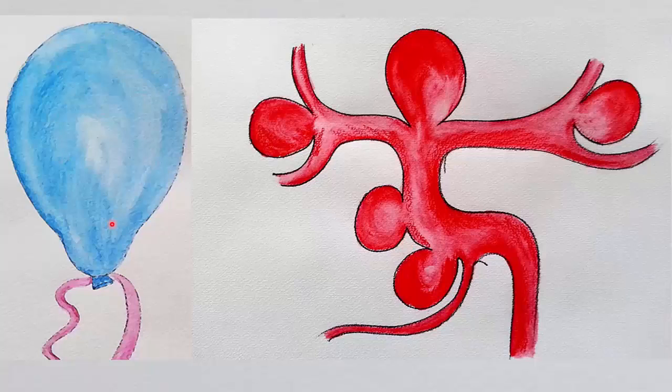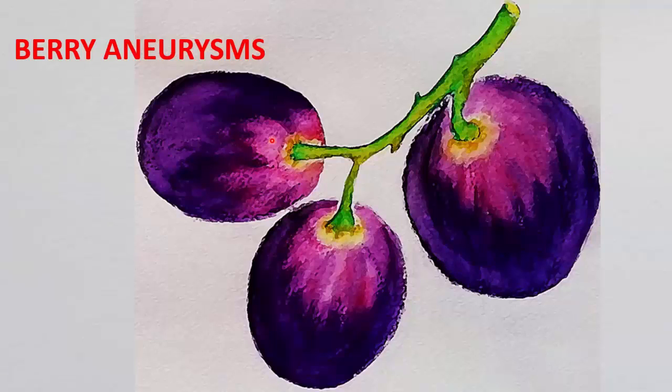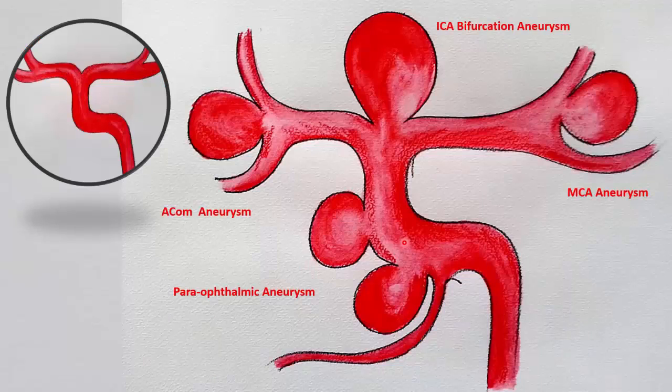Aneurysms are balloon-like dilatation of the artery. These aneurysms are also known as berry aneurysm because they resemble the berry fruit like raspberry or strawberry. In this diagram, one can see the frequent location of the aneurysm.